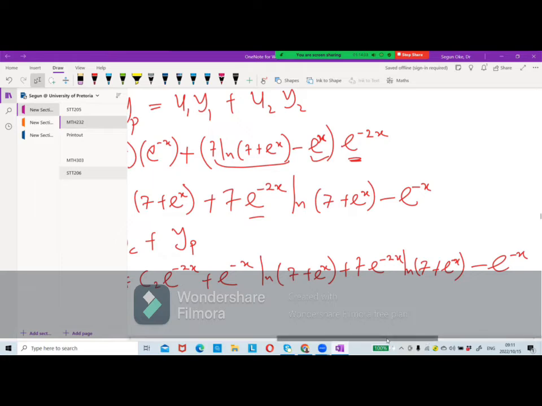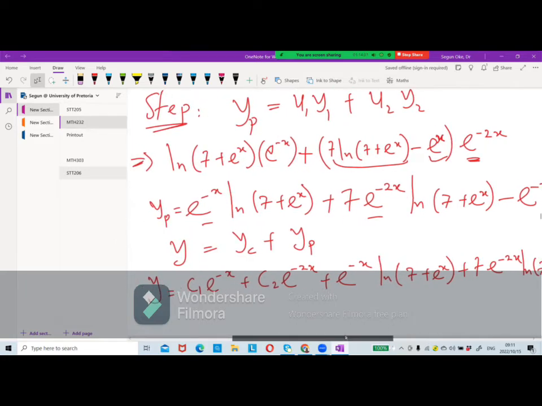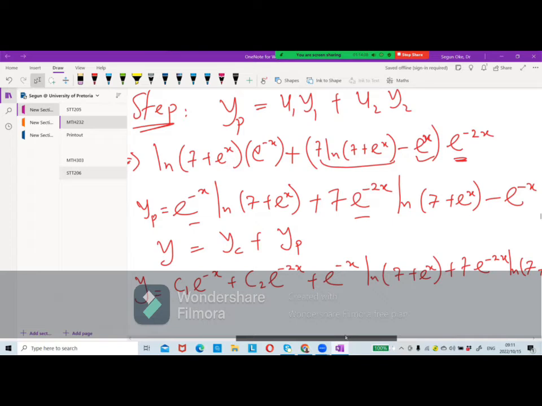So is there anything that cuts that can go? Which one do you think we can match together? That is ln 7 plus exponential x. C1 plus what? Anybody?